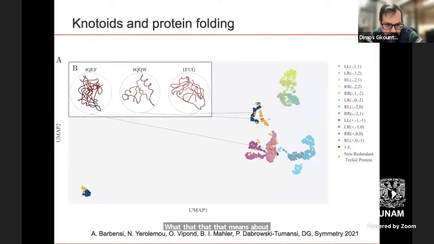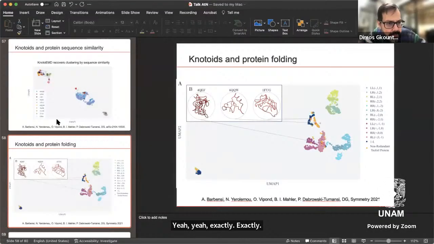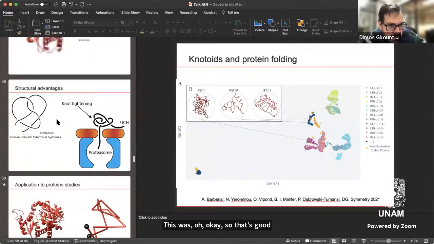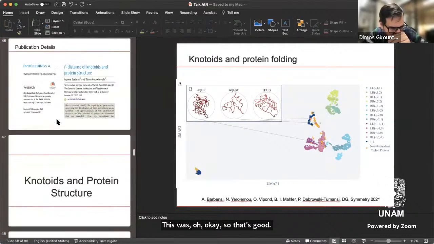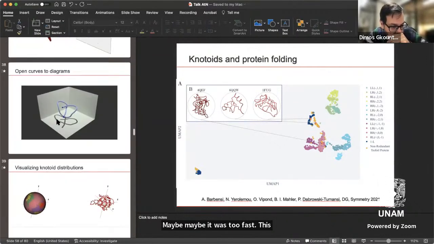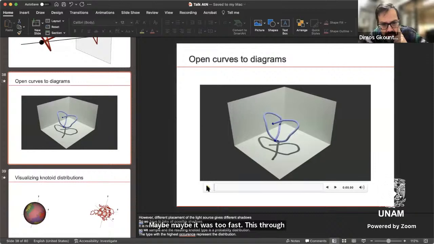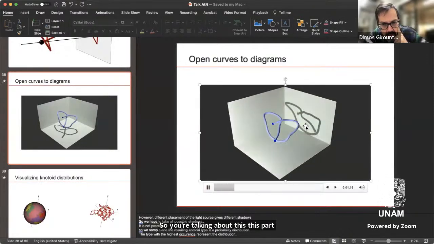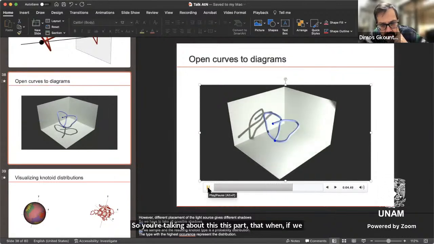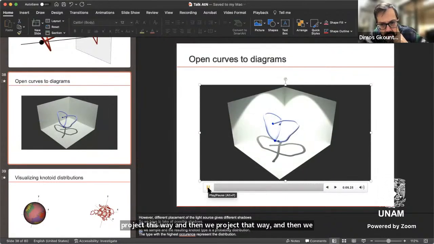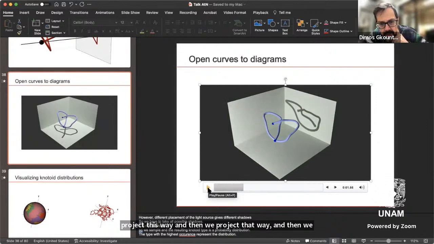So let's get back to it, maybe it was too fast. It's true. So you're talking about this part, that if we project this way, and then we project that way, we get different knotoid diagrams.